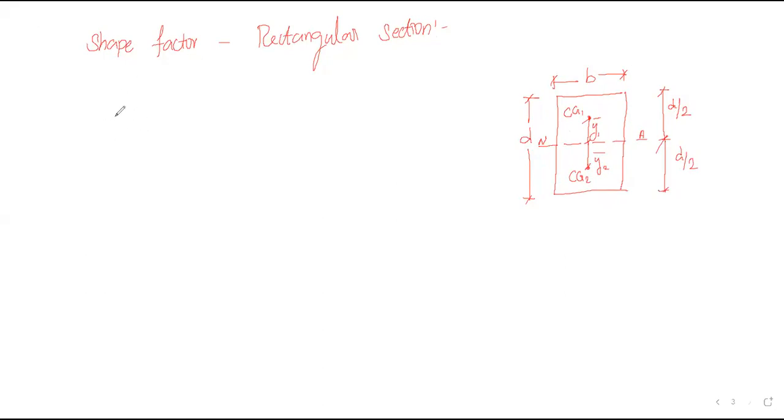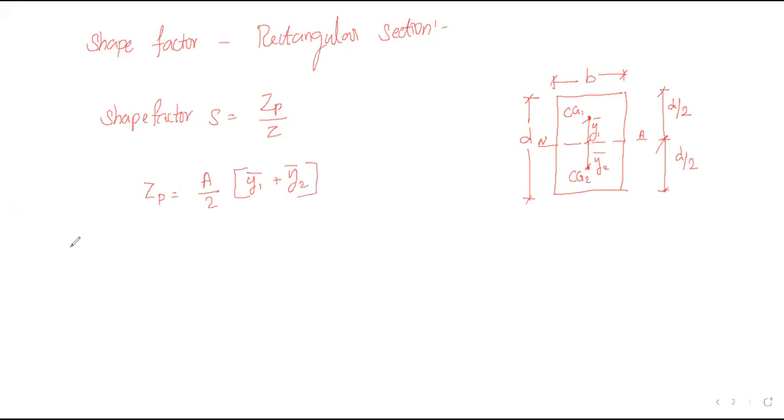Okay, now let us move on to the shape factor. So we all know that shape factor S is equal to ZP by Z, such that ZP is equal to A by 2 into Y1 bar plus Y2 bar.